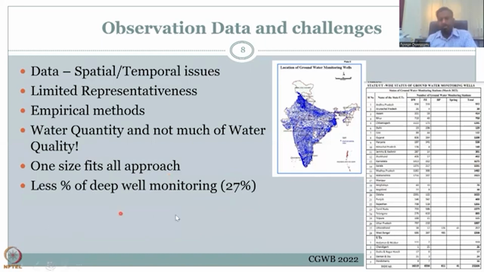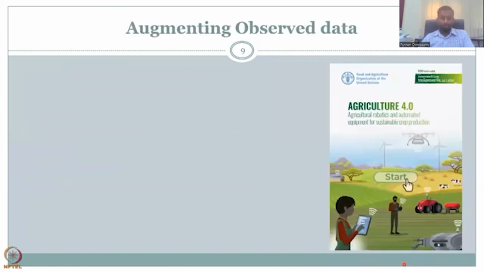Only around 27% of the actual monitoring wells are in the deep aquifers, whereas the percentage of people using deep aquifers for domestic use and for agriculture is much bigger than that. So we should be aware of this, and also use other data that can help.